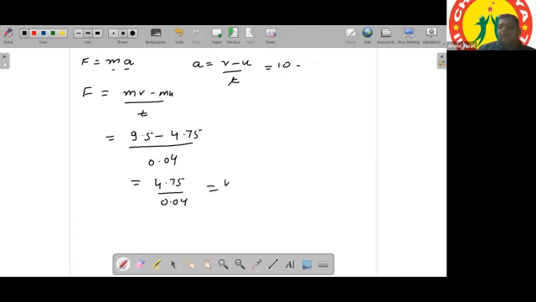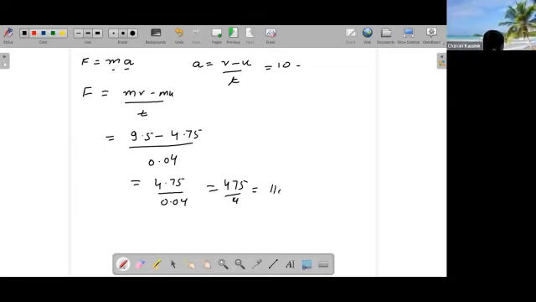You have 475 divided by 4. Are you getting this answer? 475 divided by 4 is 118.75 newtons.